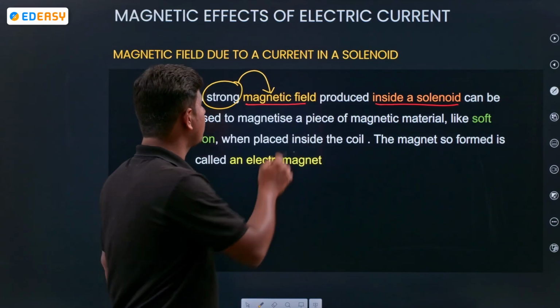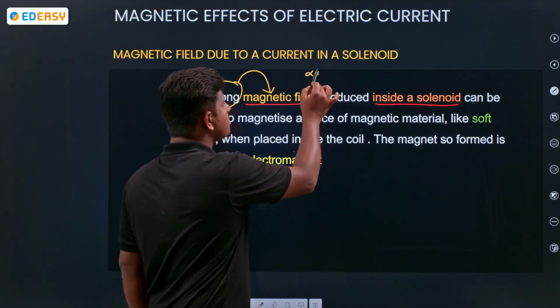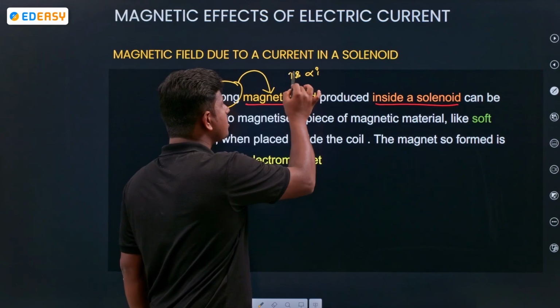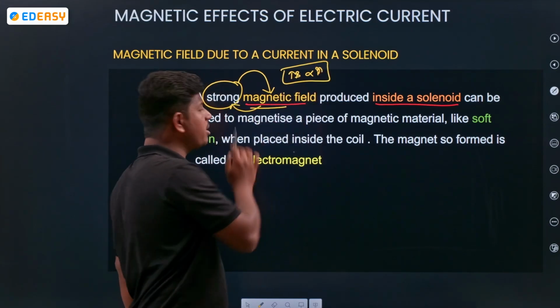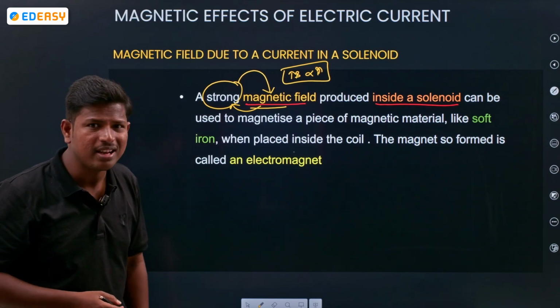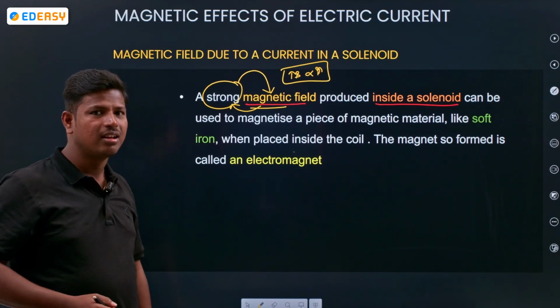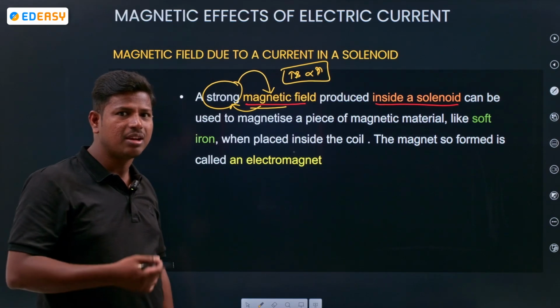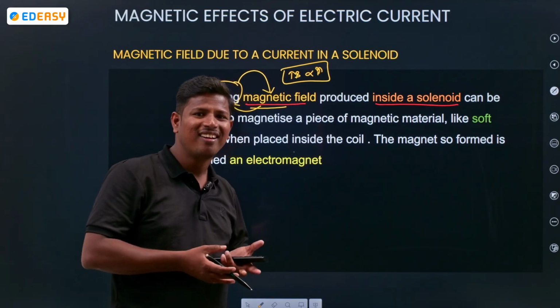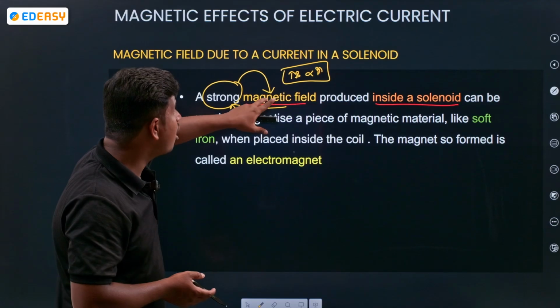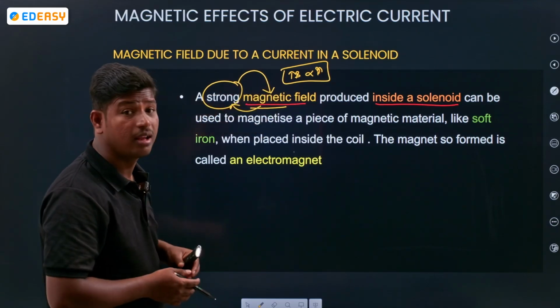We discussed previously that if current increases, the magnetic field increases. When the fields overlap and boost each other, a strong magnetic field is produced.